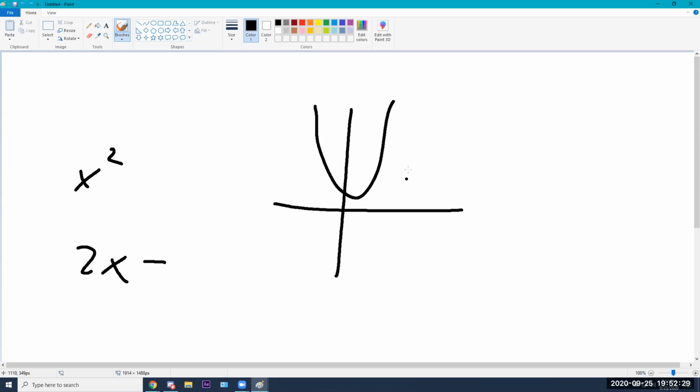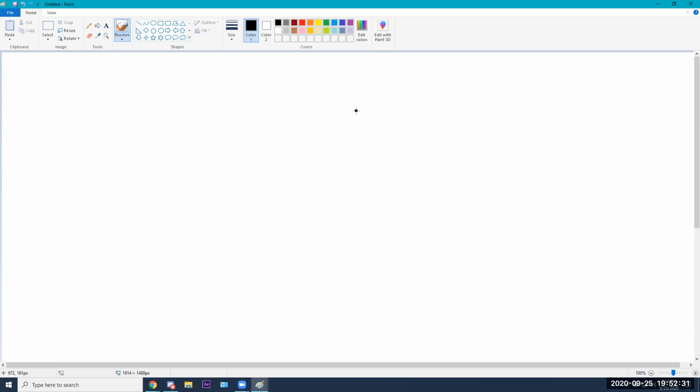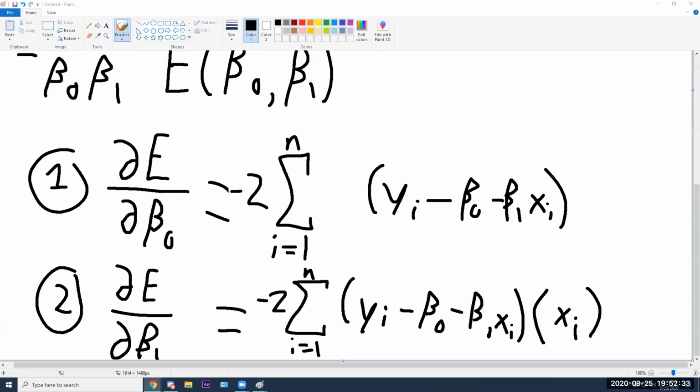Well, we can apply that same concept here, except with respect to each variable instead of the whole thing. So what we do now is we set each of these to 0.